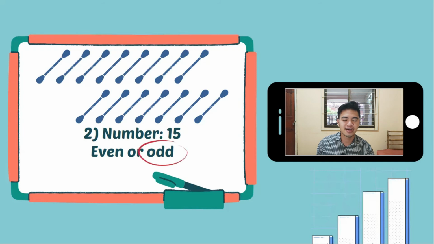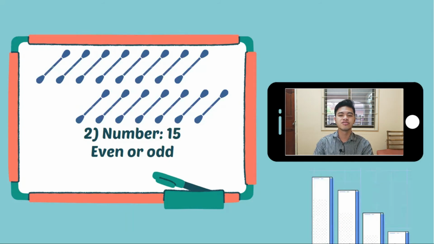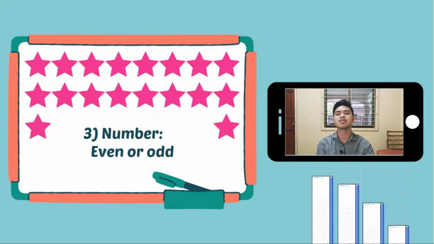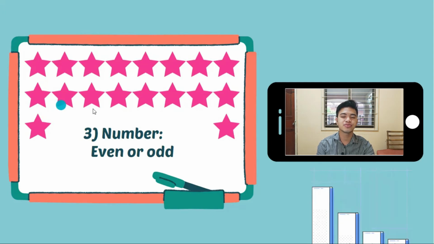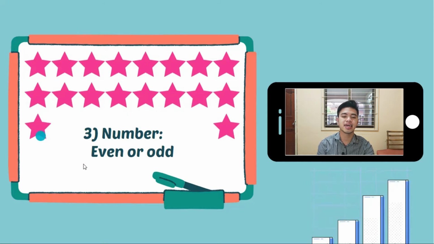Okay, very good, kids. So for the number 3, we have the stars. So let's count the stars first. Okay, there's 1, 2, 3, 4, 5, 6, 7, 8, 9, 10, 11, 12, 13, 14, 15, 16, 17, and 18.